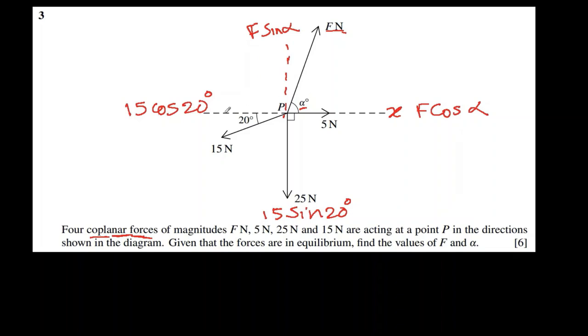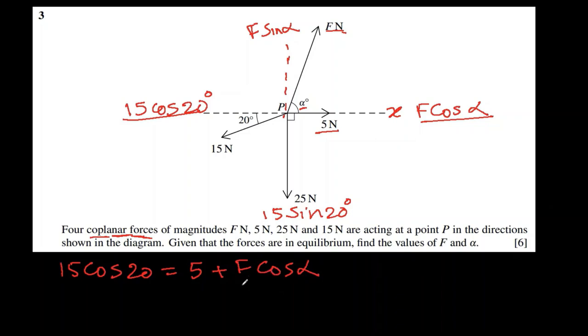So since this whole system is in equilibrium, the first equation will involve 15 cos 20, F cos alpha and 5 Newton. They are the ones which are horizontal forces, x components. So let me write them here. 15 cos 20 is on the left side. It will be equal to the other forces on the right side, 5 and F cos alpha.